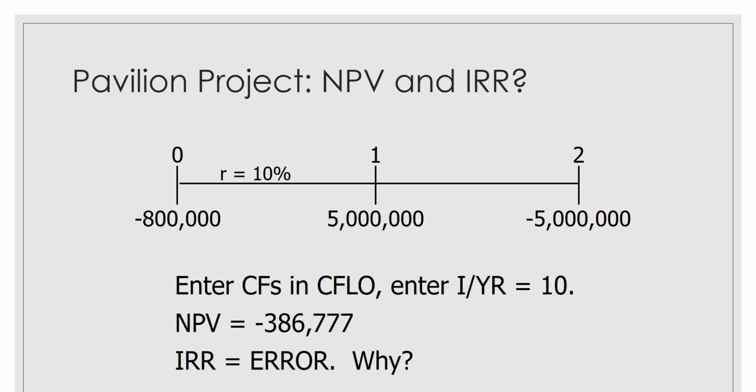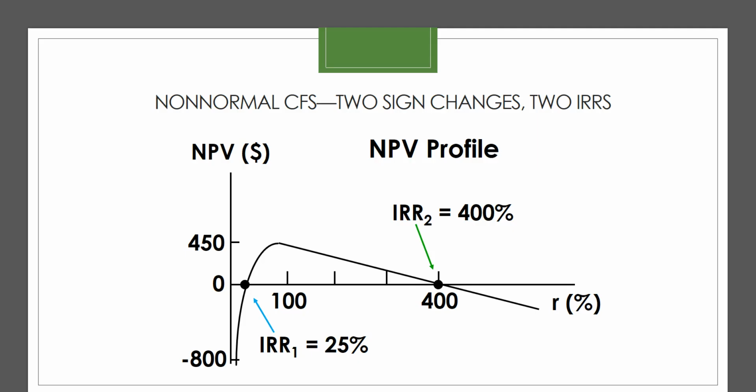If it doesn't give you an error, it's going to give you only one internal rate of return, whereas this project would actually have 2 internal rates of return. It would give you the lowest internal rate of return. But because there are 2 sign changes, there are 2 points at which the line passes through the $0 net present value points, and so there's actually 2 answers when looking at internal rates of return.